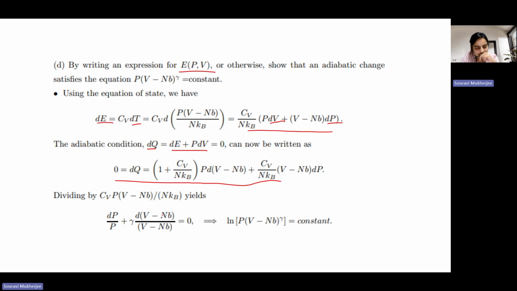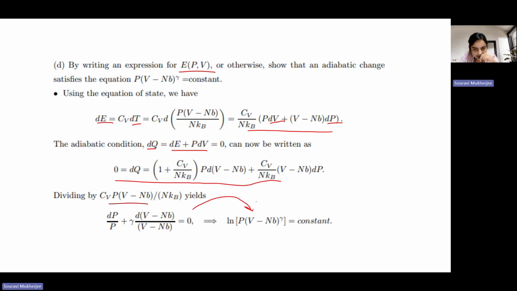Now it's just rearranging and simplifying this equation. Rearrange all the terms involving dp and dv, separate them out, and then divide by this term here. What do you get? You get dp by p plus gamma into d of (v minus nb) by (v minus nb). So you are separating the variables. Now this is equal to 0.